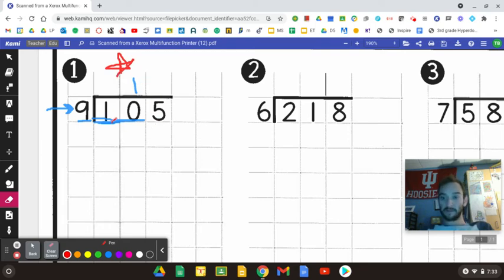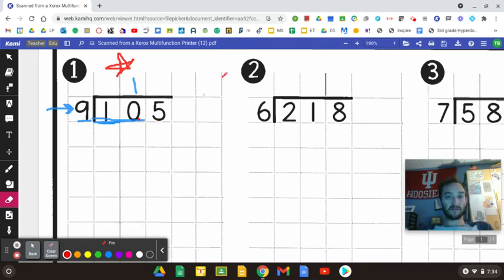When you're dividing and you have to move over to the second place value, make sure you're putting the first digit of your quotient above the second part of your number. In this sense, we have 10, so make sure you're putting your 1 above the 0. That helps keep us organized, and also helps us remember that 9 doesn't go in there 100 times. 9 goes into here 10 times. So keeping that place value is really important.